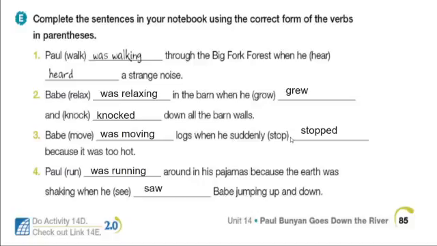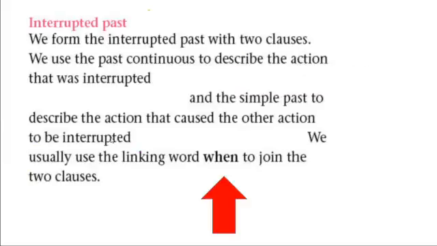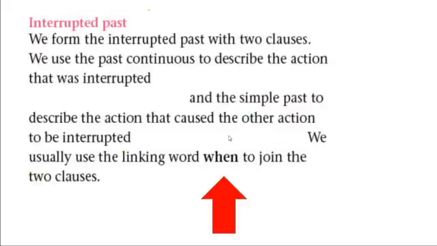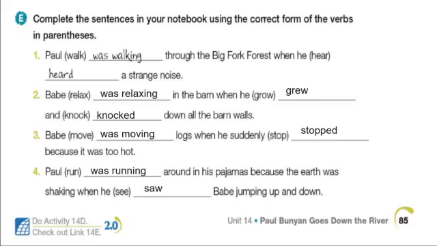En paréntesis, recuerde, la primera acción que estaba realizándose, ocupamos el past continuous. And when we describe the action that caused the other action to be interrupted, ocupamos simple past. In this case, stop is a regular verb.